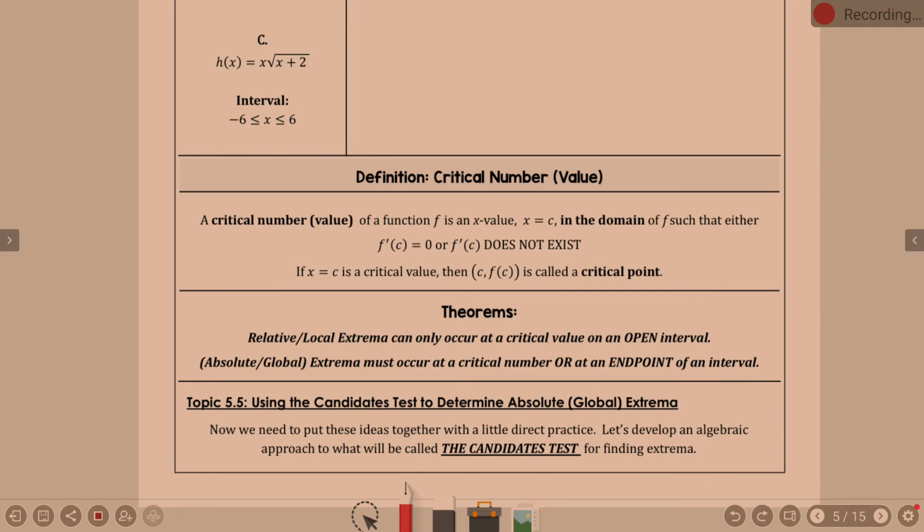What do you know about a square root? It's funky when it's negative. Because square roots essentially have to have positive values underneath the radical, right?